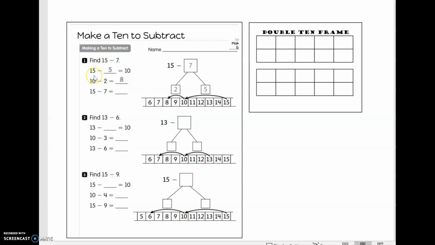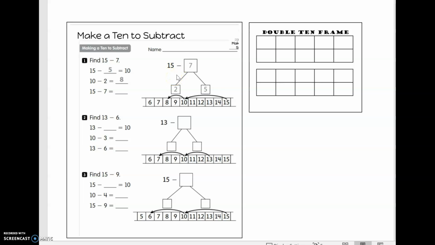So we have to think about 15 minus 7. So look over here. We have 15 minus 7. So what we're going to try to do is this 15, we're going to make it a 10. Now to do that, we have to subtract something from 15. In 15, there is 1 ten and 5 ones.